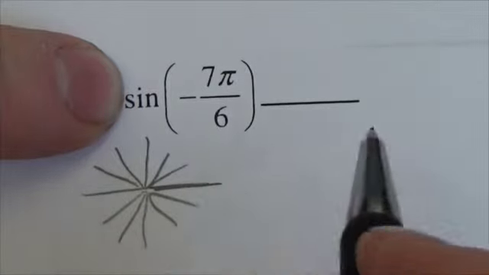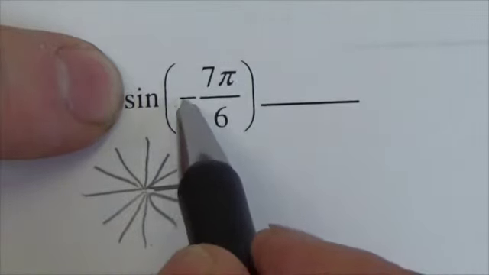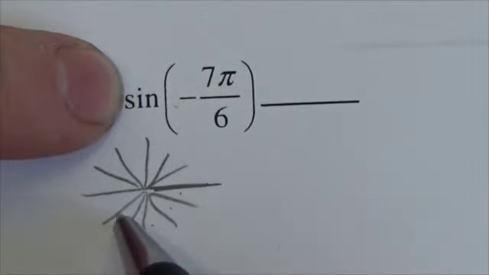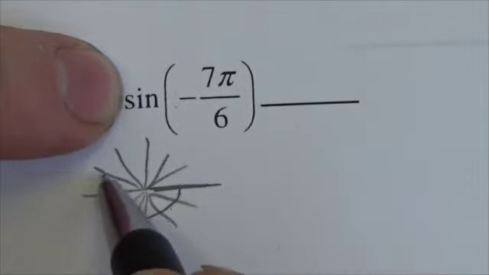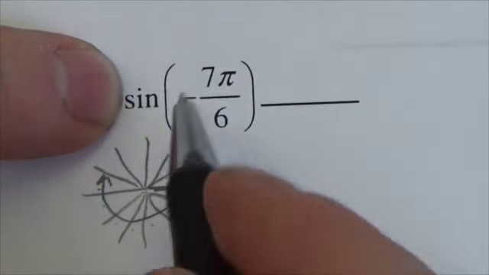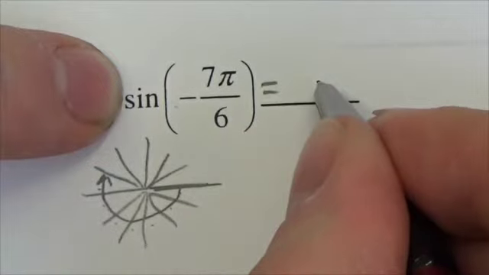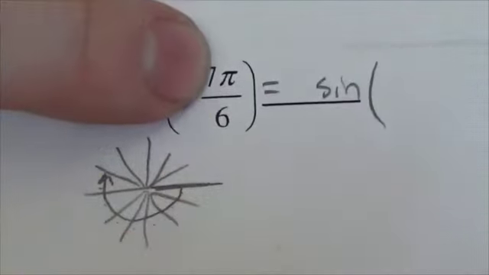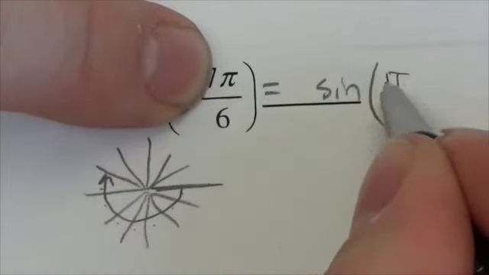This is a negative rotation, so I'm going to rotate negatively 7 pi over 6's. So that's 1, 2, 3, 4, 5, 6, 7. Oh, that puts me in quadrant 2. Okay, so this is actually going to be a positive thing. So this would be the same as the positive sine. The reference angle here, if you cover that up, is going to be pi over 6.